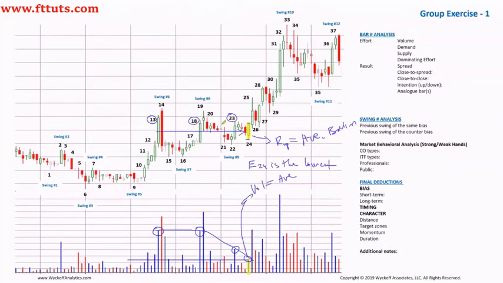And let me just highlight them all so that you would visually see them better. Okay, so all of these bars, and we're seeing how the effort is the lowest, yet the result is almost the same as bar number 23. So 23 is a good analog bar for us.